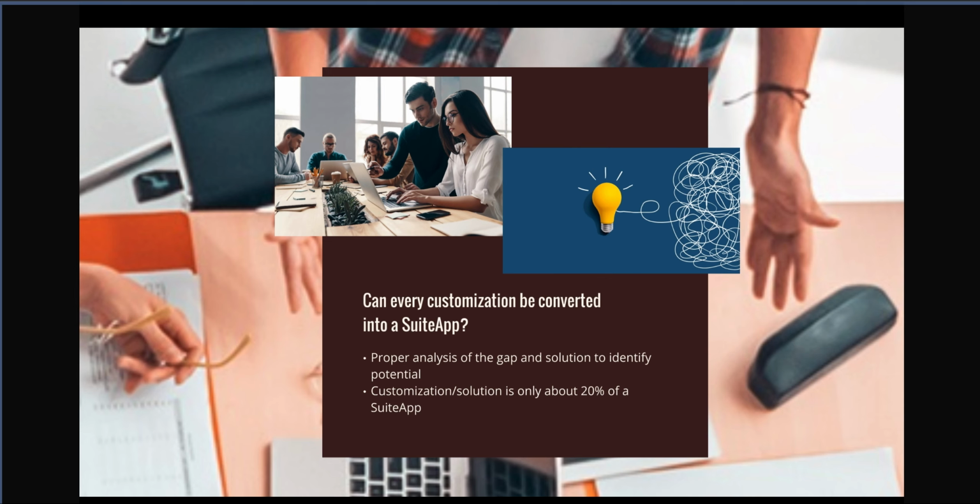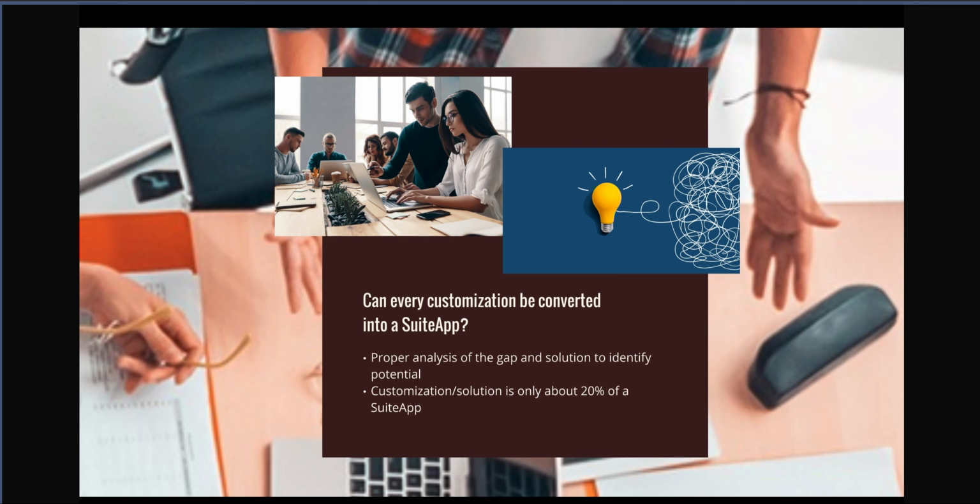So it is important to do a proper analysis of the gap and the solution, and identify a solution to address this gap and the potential of the solution that can be converted into a suite app. There will be a few cases where some of these customizations do have the potential to be converted into a suite app.